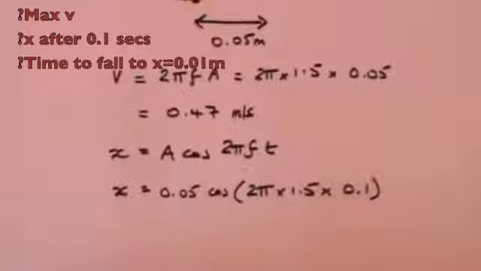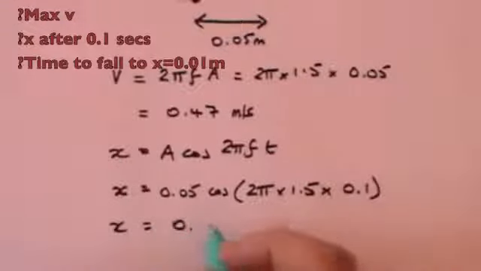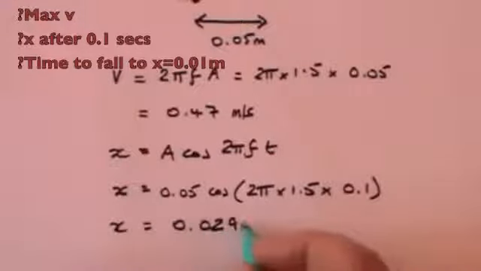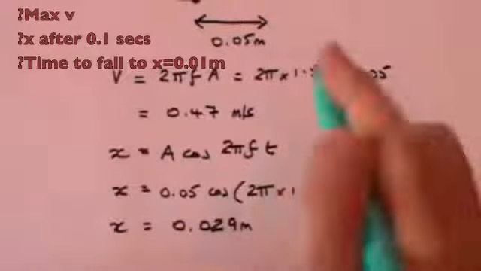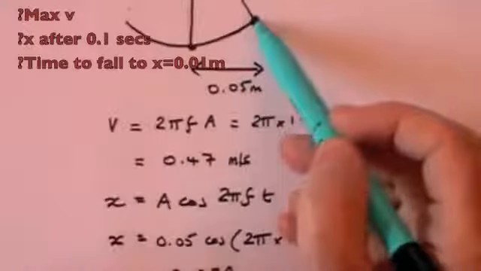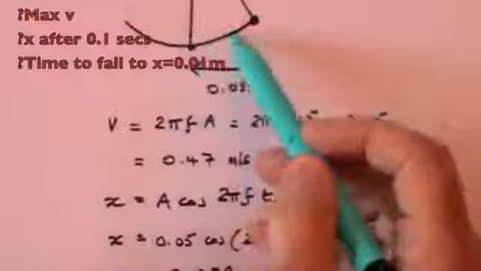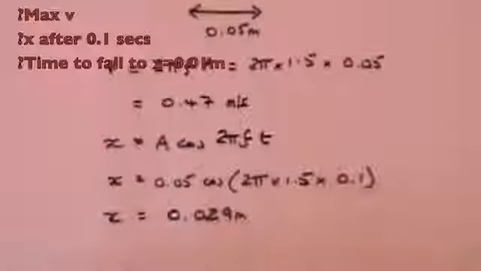And if you work that out, I think you'll find that the displacement comes to 0.029 meters. So after 0.1 of a second, the bob has moved to a position where from the midpoint it is now only 0.029 meters.